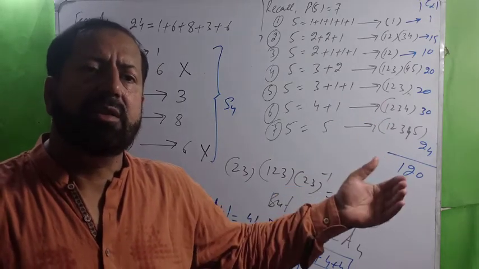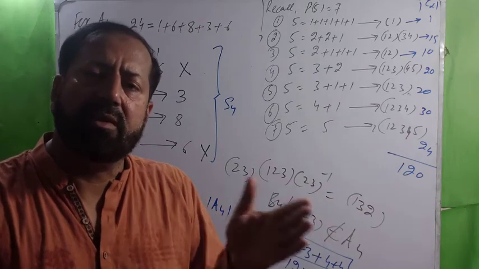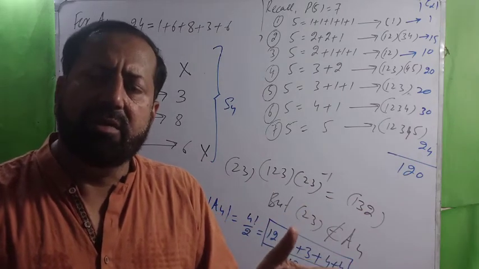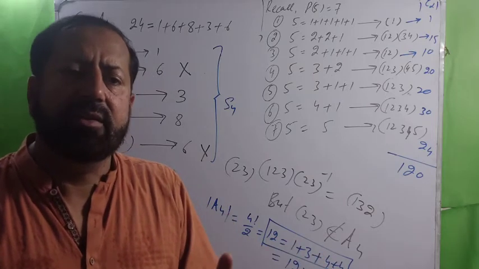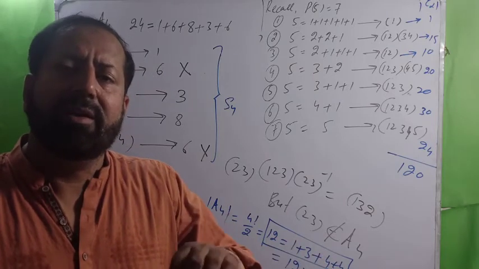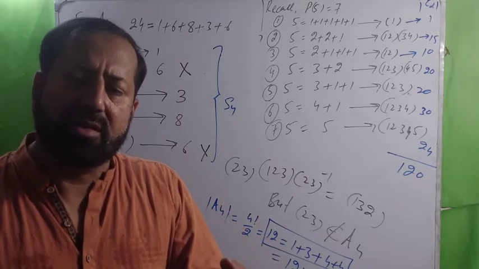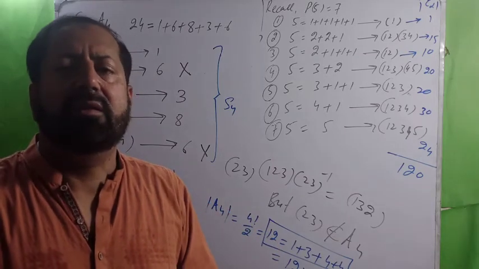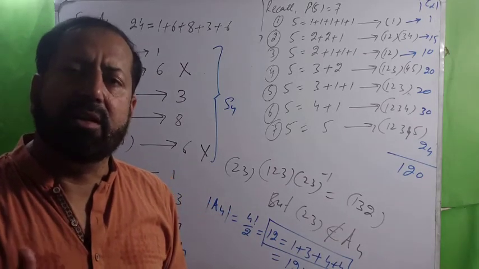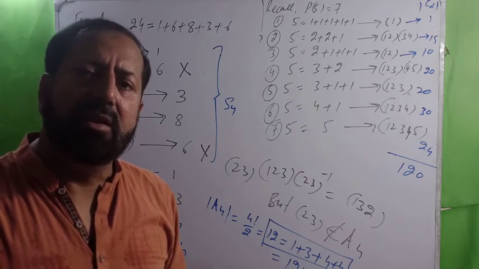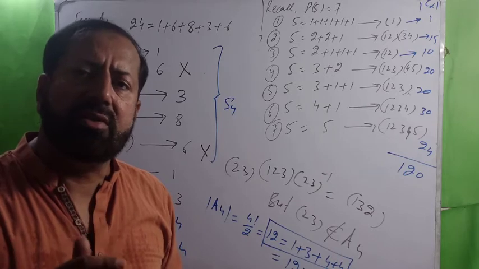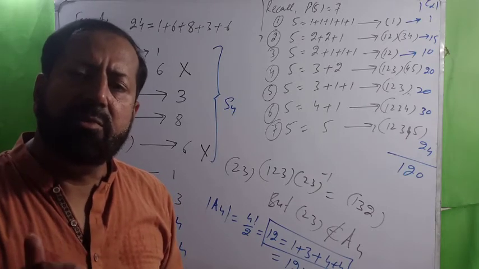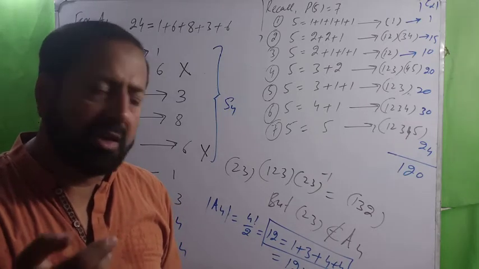Then after that you can see which of them are even and which are odd. Then you will see that some appear in the same conjugacy class in Sn, but they do not appear in the same class in An. So those which are not conjugate to each other in An can be separated into two equal classes like this.